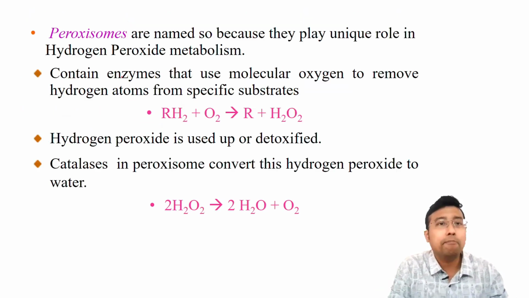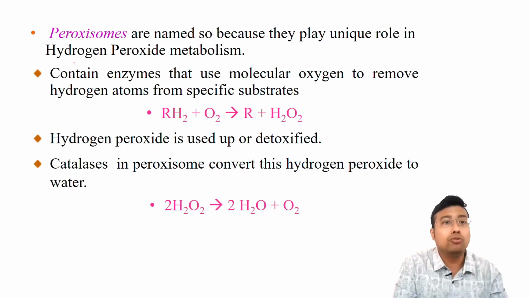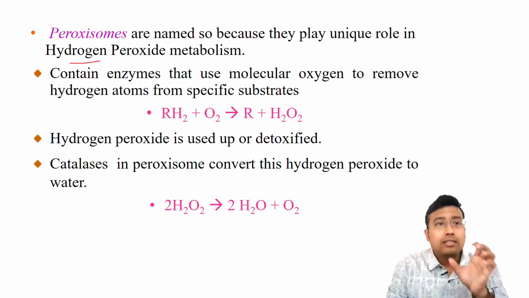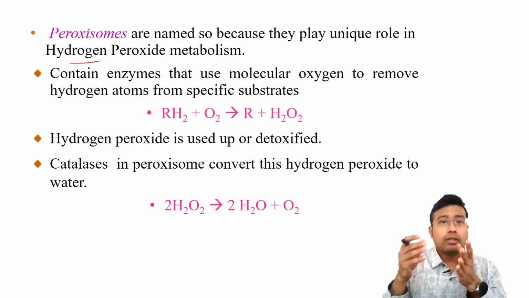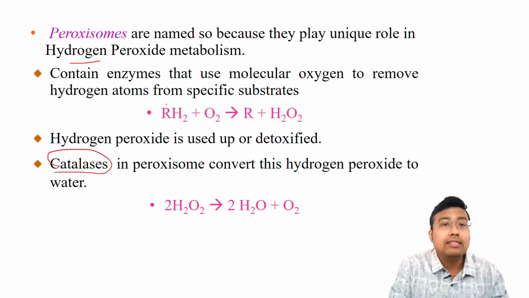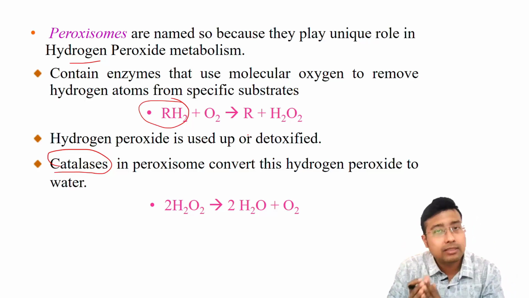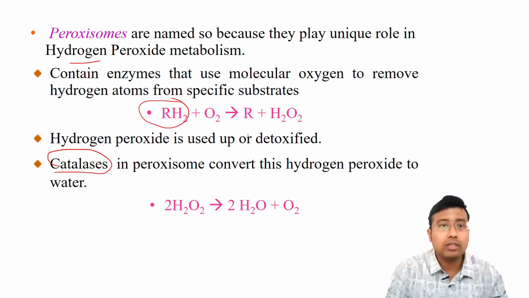Anyway, peroxisomes. The name peroxisome, why? Peroxide, because they play a unique role in metabolism of H2O2. These peroxisomes, as I told you, contain the enzyme catalase. This is the marker of peroxisome, and these are the reactive oxygen species that are rendered harmless within peroxisomes. How do they do it? These are the two reactions.